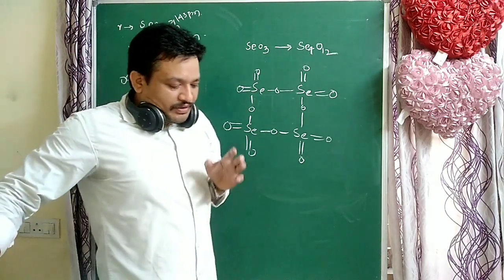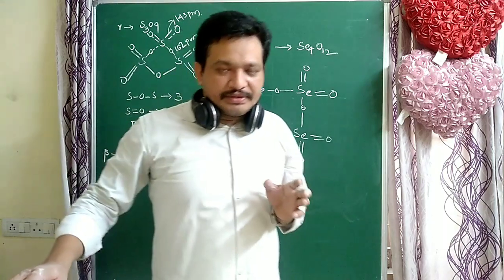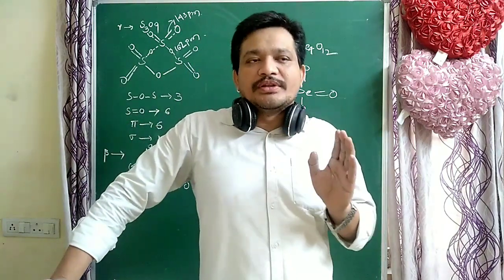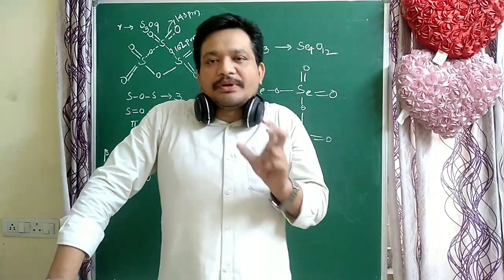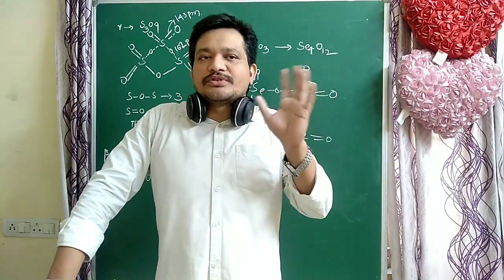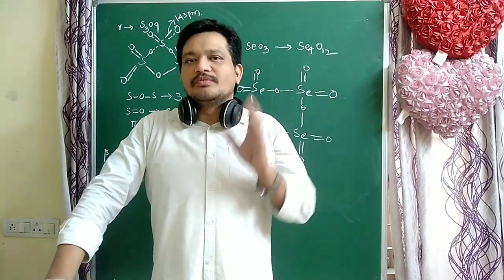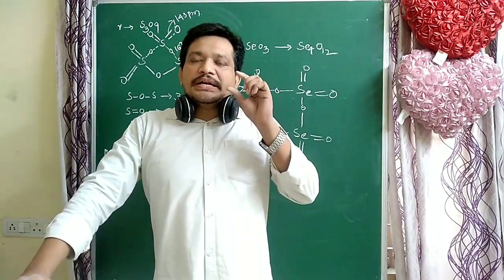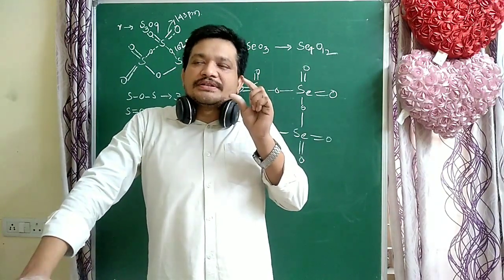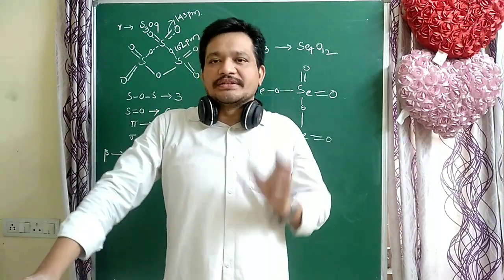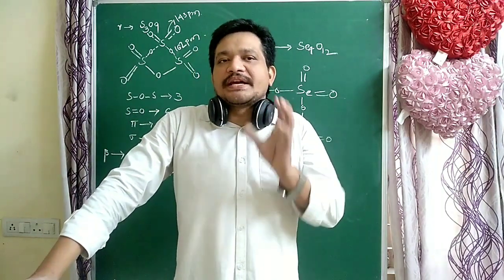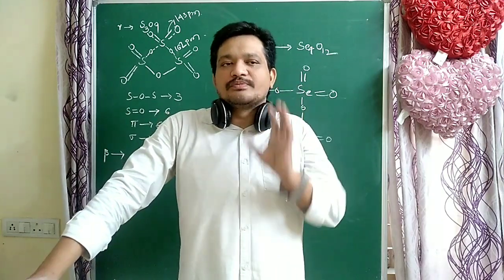Here are very, very important points. Dioxides are more stable than trioxides of the particular elements. Sulfur dioxide is a good reducing agent. Dioxides act as Lewis acids and Lewis bases.